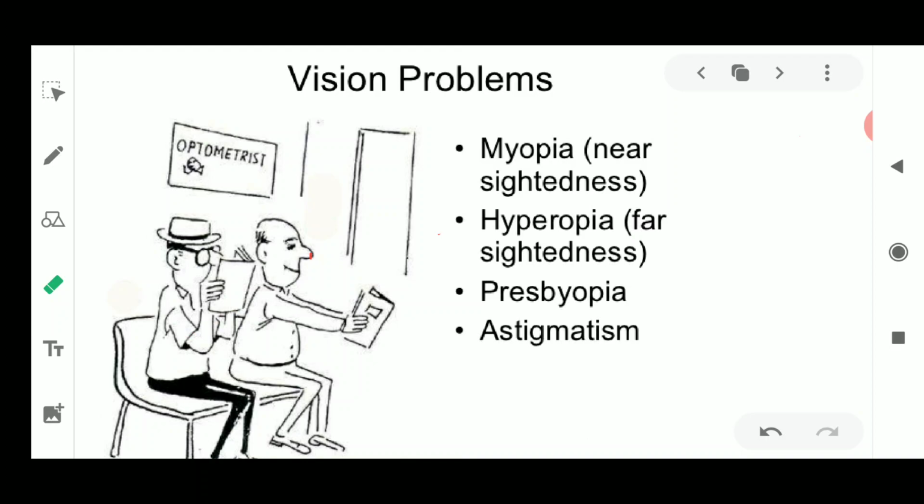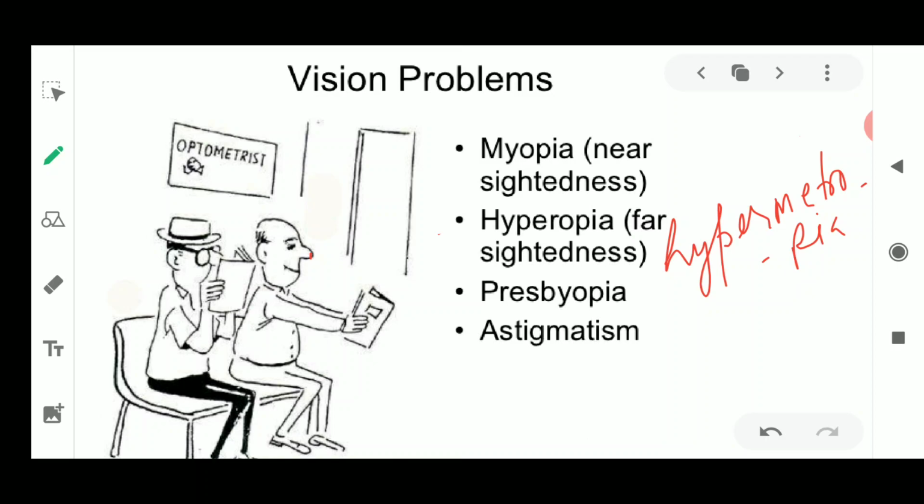The next is hypermetropia. It is also known as far-sightedness. Sometimes it is also known as hyperopia, but in your book you will find it written as hypermetropia, so this is the correct spelling.